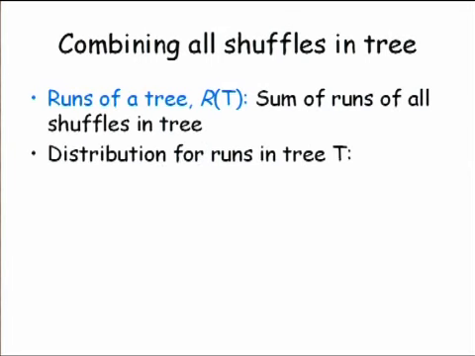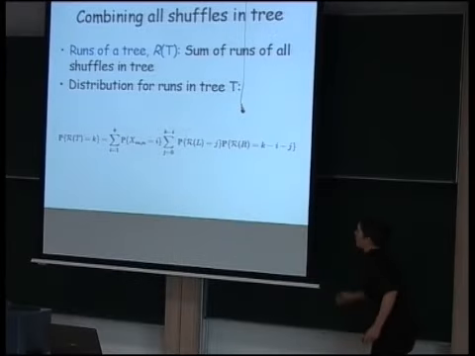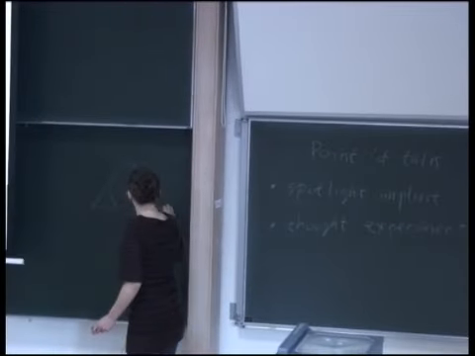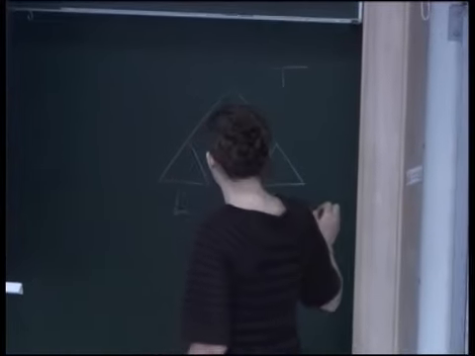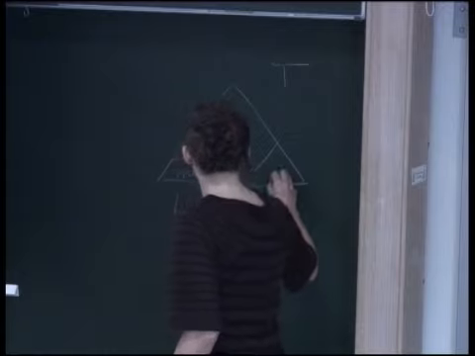And the distribution for those runs in a tree can then be calculated recursively, actually. So the idea was for the number of runs in a tree T. We have the tree T given, with one subtree L and one subtree R, and L shall have, let's say, M leaves and R has N leaves.